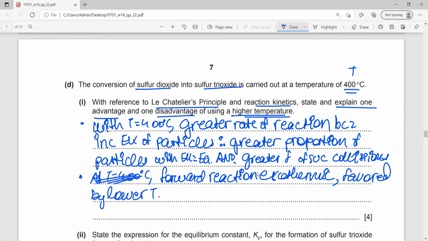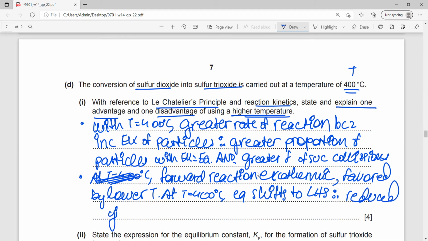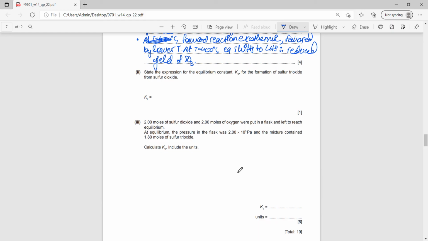And this part isn't necessary here. You just write this here at T equal to 400 degrees Celsius, equilibrium shifts to the left hand side, therefore reduced yield of sulfur trioxide. That is the disadvantage explained, right?